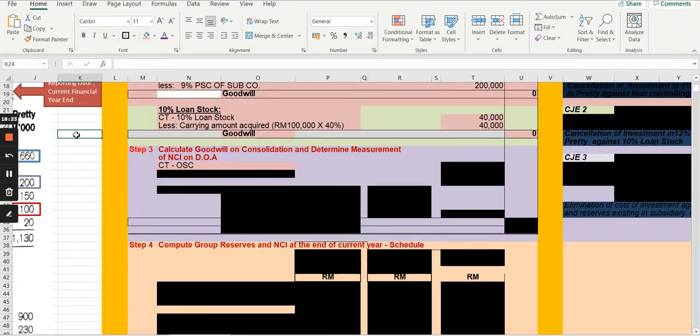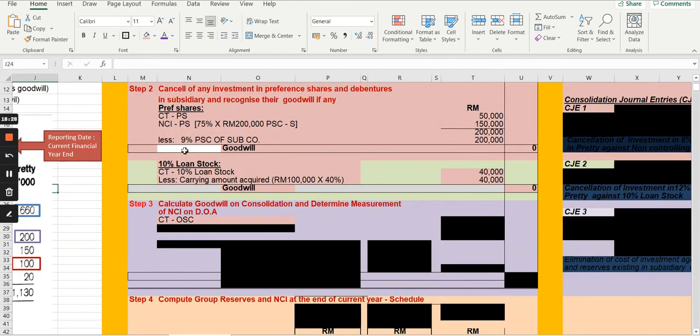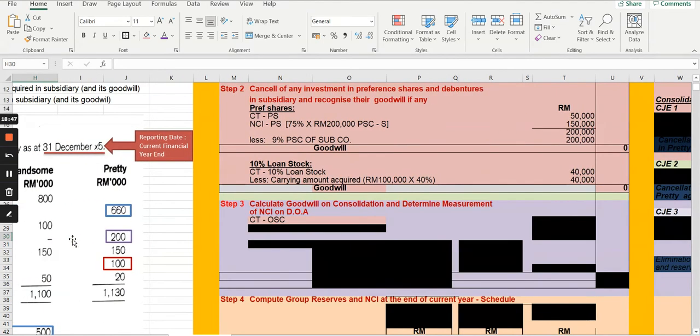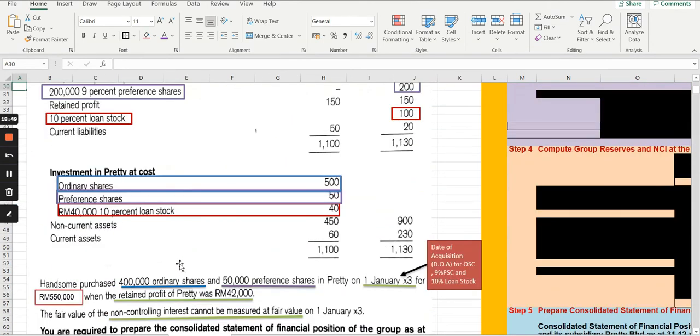When you are done with that, the next stage is to calculate another goodwill, where you may have a bargain purchase, or perhaps goodwill, which is for the acquisition of your ordinary shares. So let's look at that part now. For the acquisition of ordinary shares, the consideration that you have already transferred much earlier is 500,000.